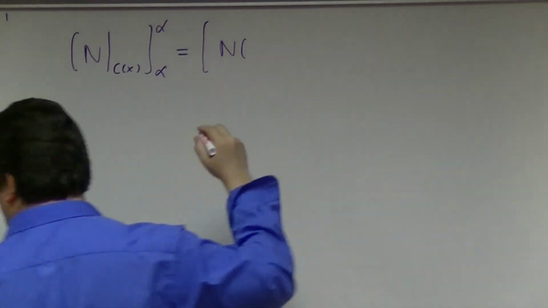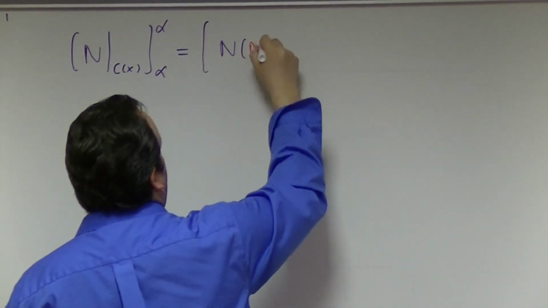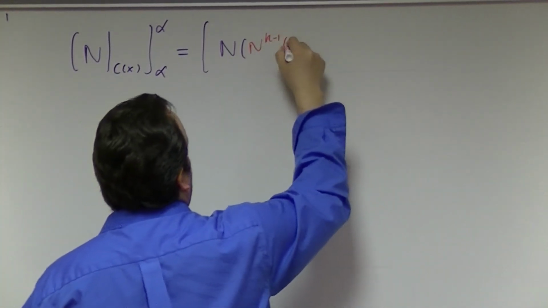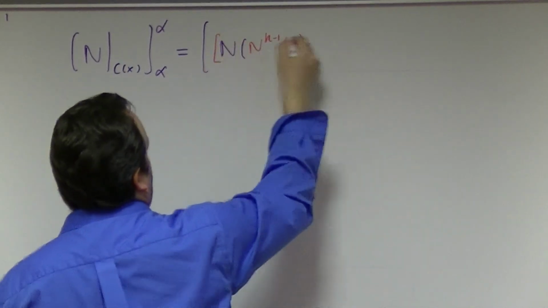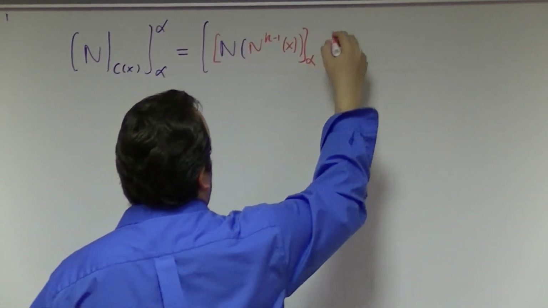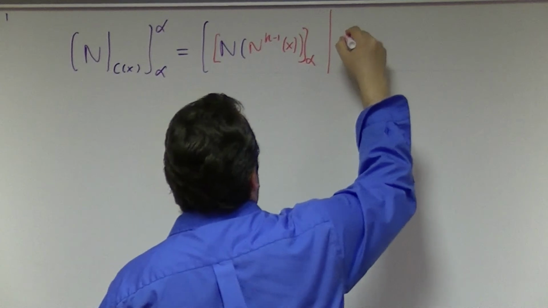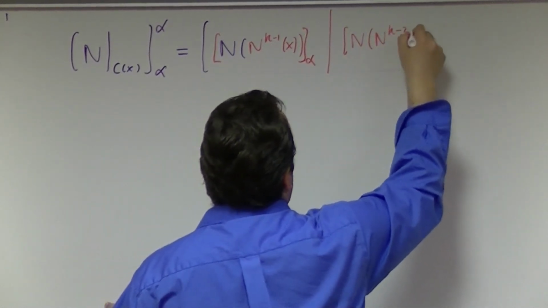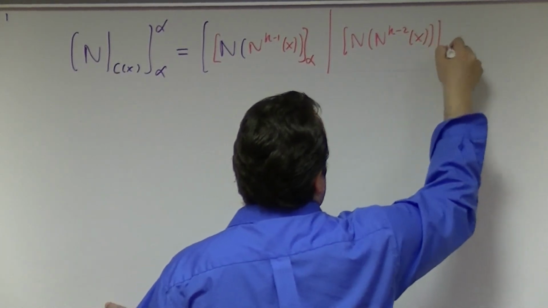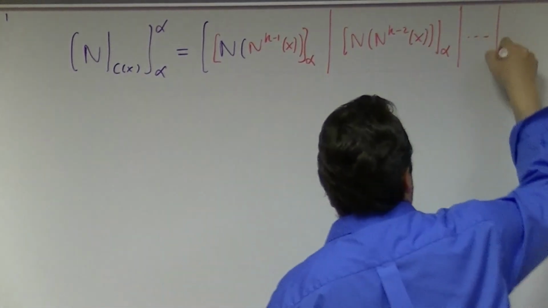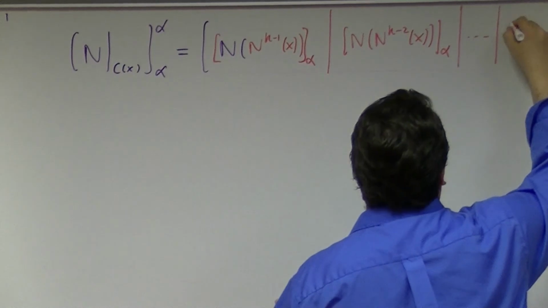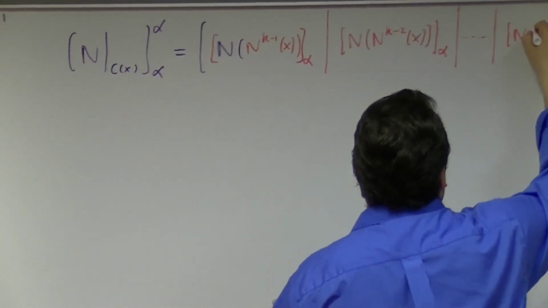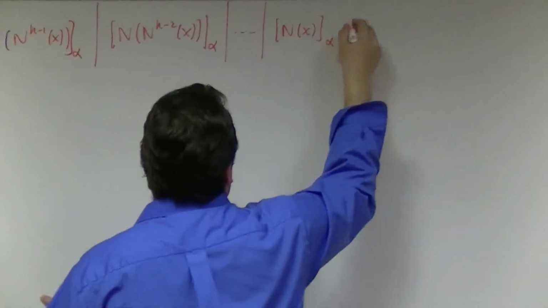The first thing in the alpha basis is n^(k-1) x, so you calculate that and then its coordinate vector with respect to the alpha basis. Then next, you take n^(k-2) of x, calculate that with respect to the alpha basis, and so forth and so on. Eventually you get to n of x in the alpha basis.